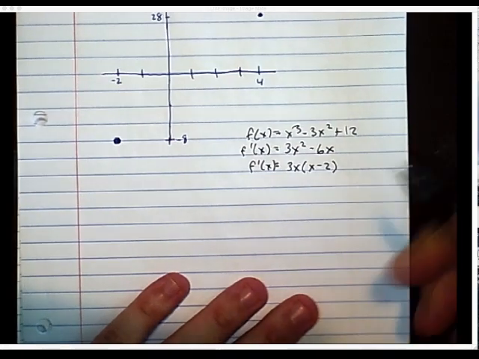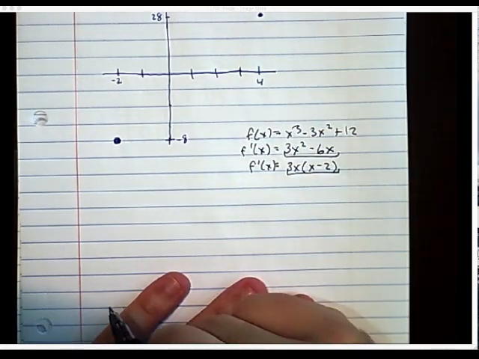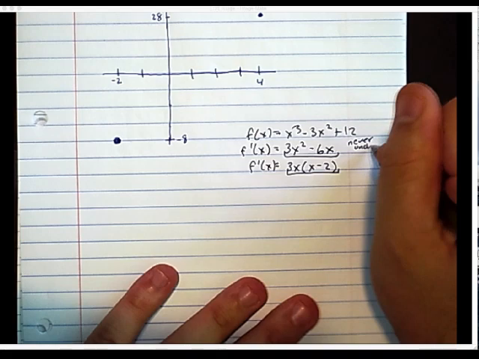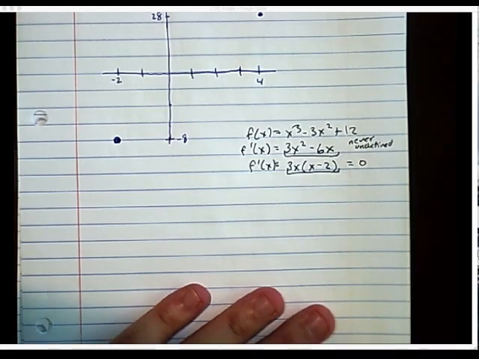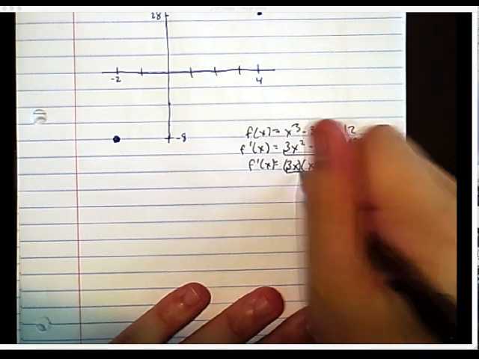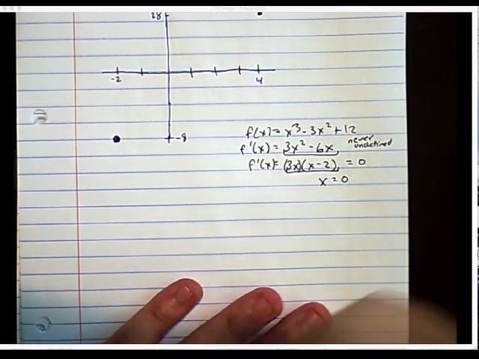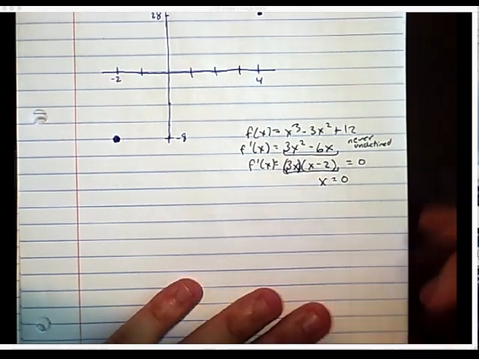Okay. Well, this is another polynomial in either form. It's never undefined. There's no fraction there. But it could equal 0 in certain places. Where would it equal 0? Well, if x was 0, this whole first parenthesis would be 0, so therefore the whole thing would be 0.